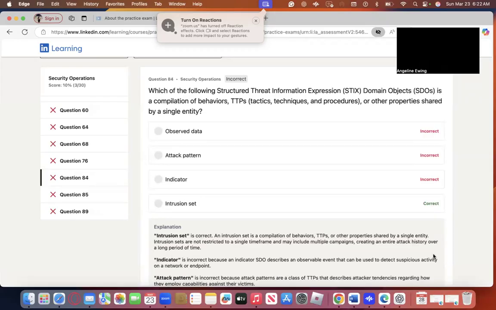Intrusion set is correct. An intrusion set is a compilation of behavior, TTPs, or other properties shared by a single entity. Intrusion sets are not restricted to a single time frame and may include multiple campaigns, creating an entire attack history over a long period of time.